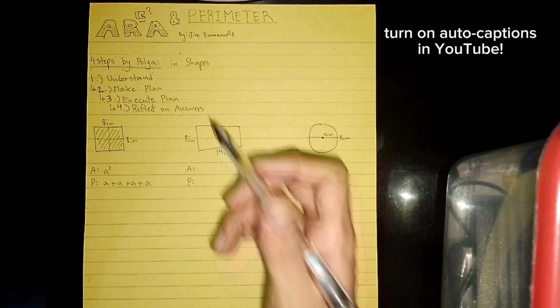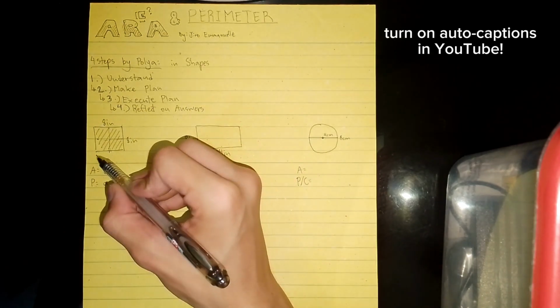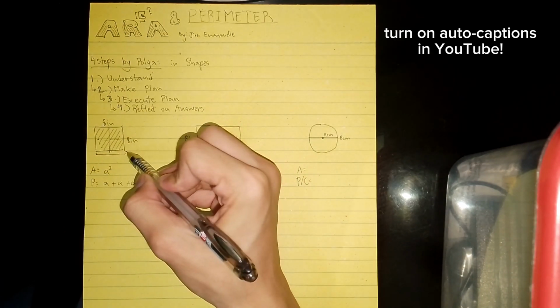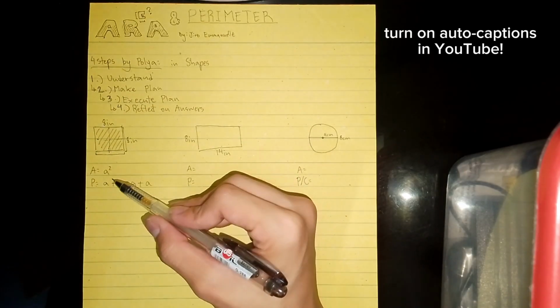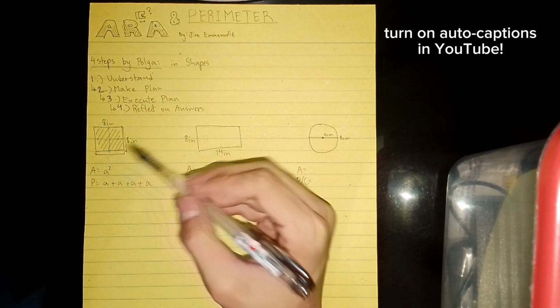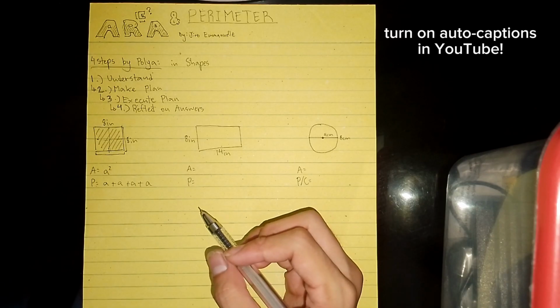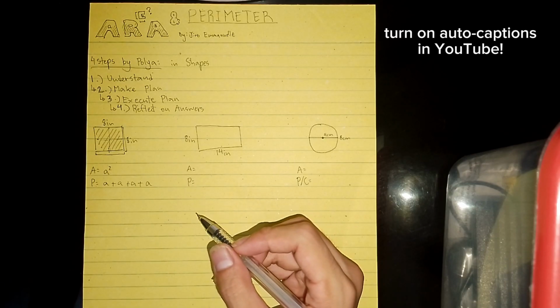For the perimeter, we are just going to find the total length of each side of the square, which is why we just add each side. Now, this is the second part of the plan by Polya.